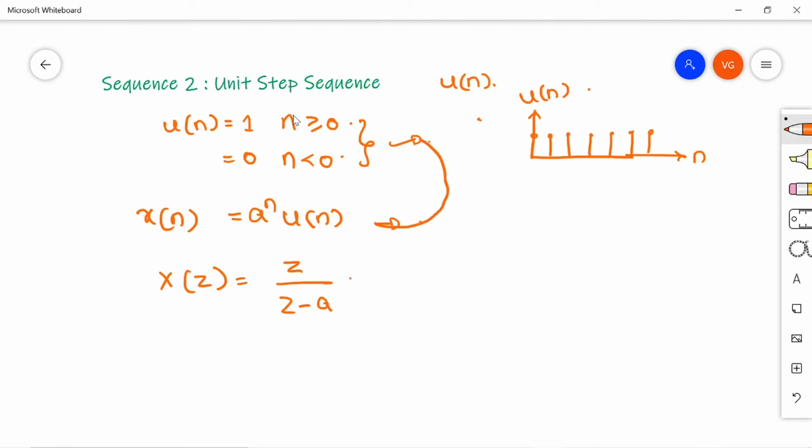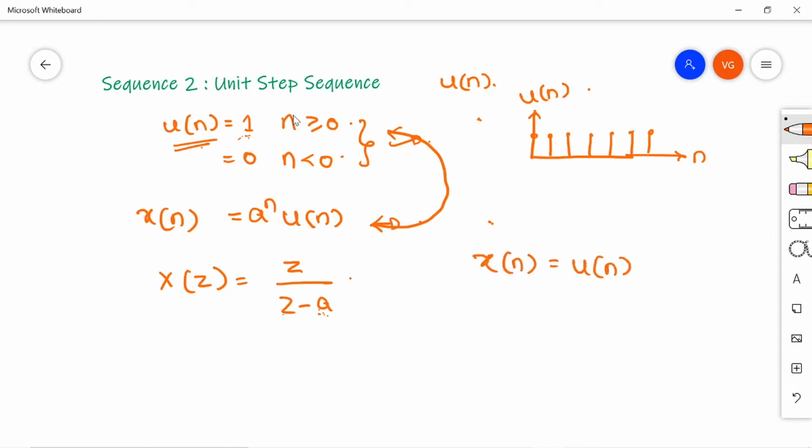If you bring a similarity between these two signals, here there is no a, so a is 1. If you assume a is equal to 1, then x(n) is nothing but u(n).